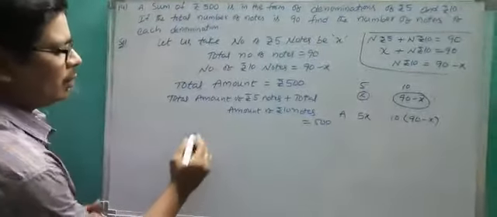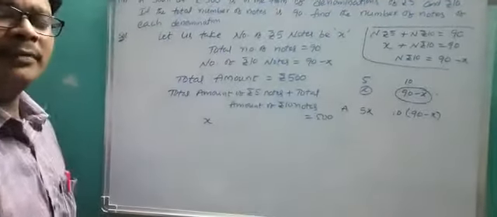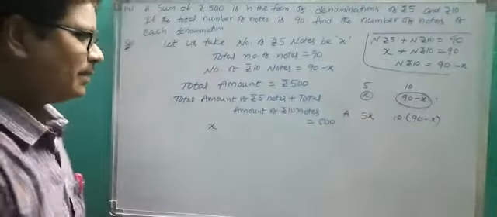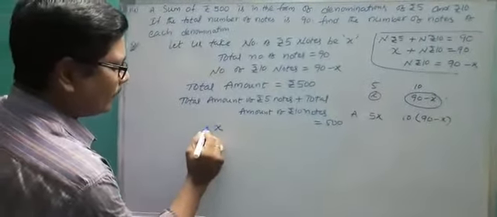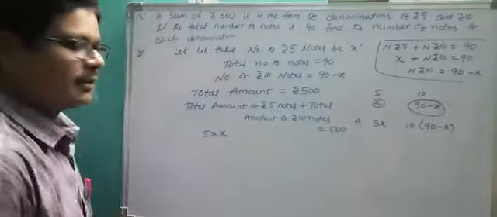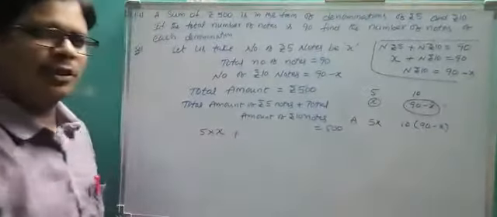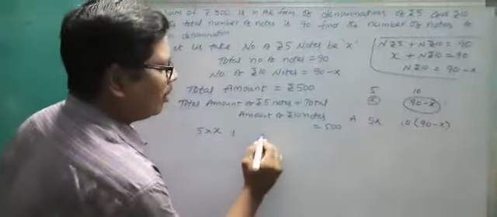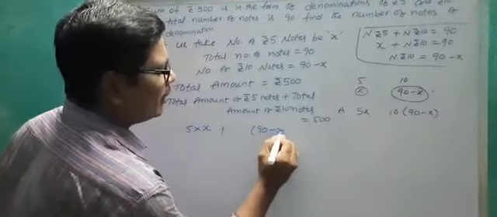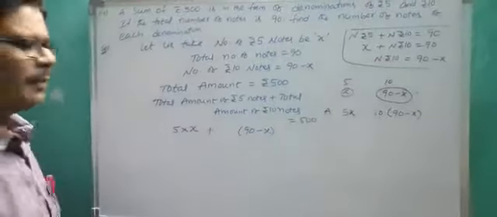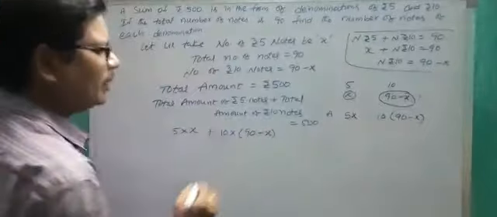Total amount. How many 5 rupees notes do we have? x into 5, 5x. Plus, total means summation. How many 10 rupees notes do you have? 90 minus x. Amount means 10 into 90 minus x.